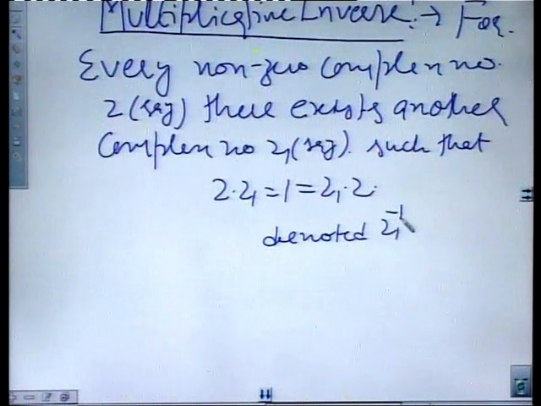So, Z1 is called the multiplicative inverse of Z if Z into Z1 is equal to 1, and also Z1 into Z is equal to 1.